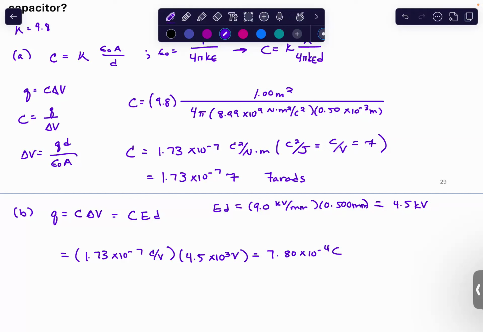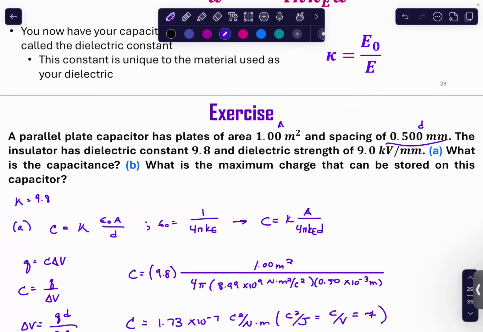Remember, per millimeter, because your D is already in millimeters. If you change it to volts per meter, then you'd have to change your D to meters.